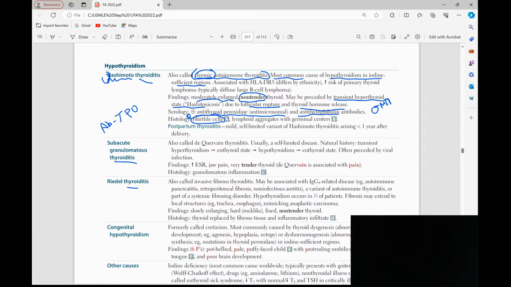And also there will be lymphoid aggregates with germinal centers. So we'll remember that in our body antibody has been created against TPO, which will come and act on the follicular cells of the thyroid gland, and they will destroy them.